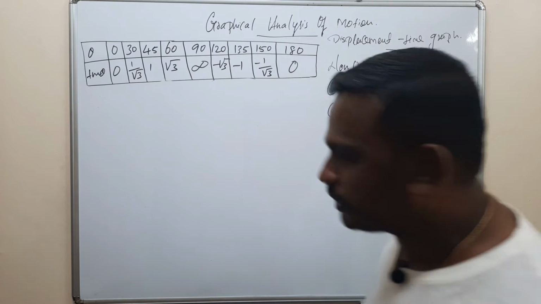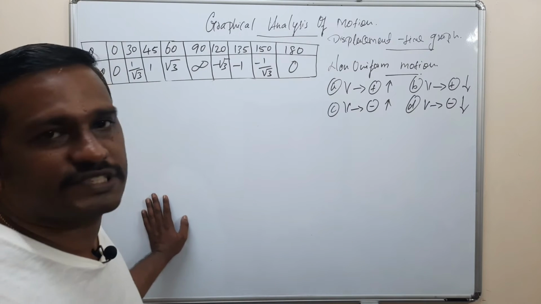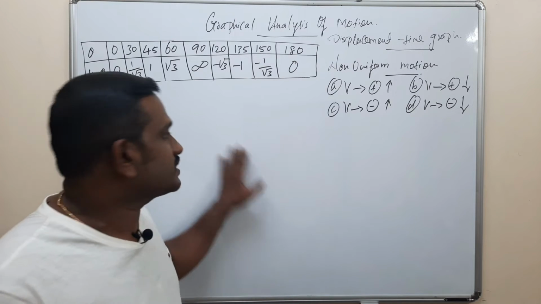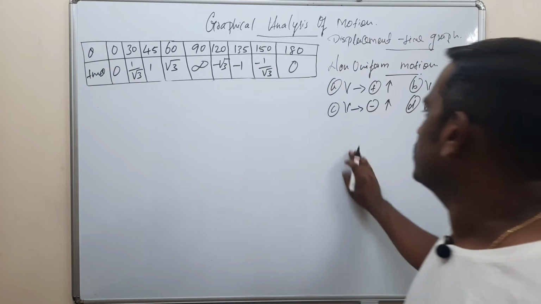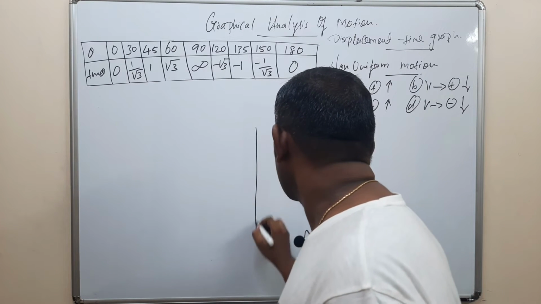So these are the 4 cases we have to discuss in non-uniform motion. So we have to analyze the displacement time graph for these 4 cases. So first case, velocity positive and increasing.